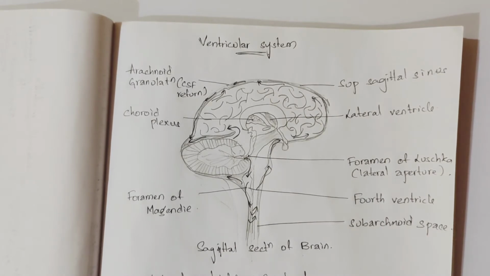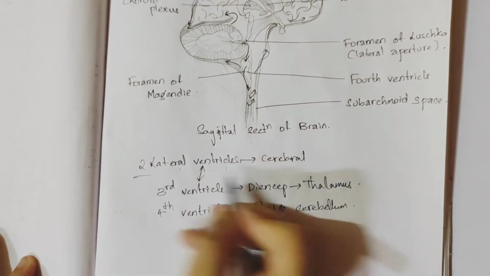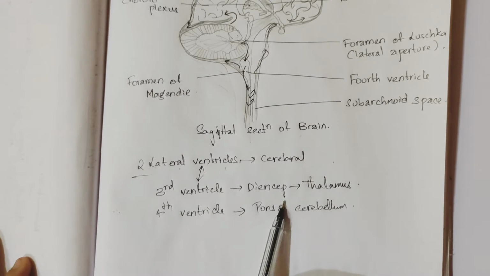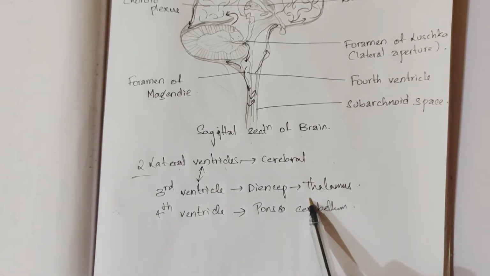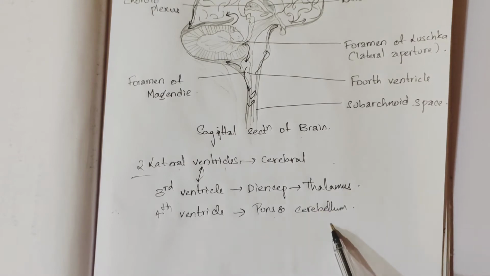Today we are going to discuss this ventricular system. As the name suggests, the brain consists of ventricles. We know that the brain consists of four ventricles, that is two lateral ventricles in the cerebral hemispheres, the third ventricle in the diencephalon, that is in the thalamus, and the fourth ventricle between the pons and cerebellum.